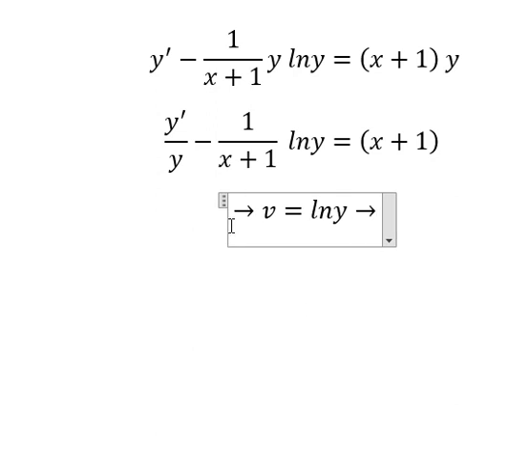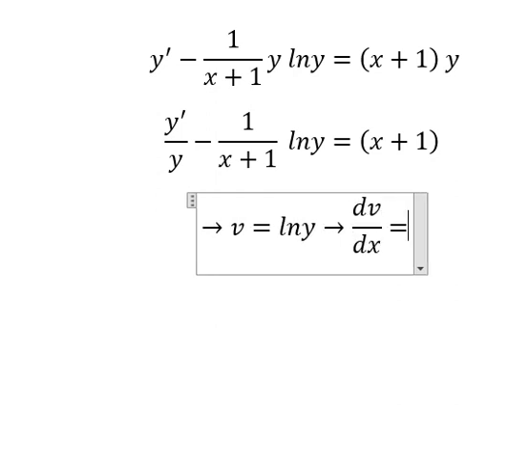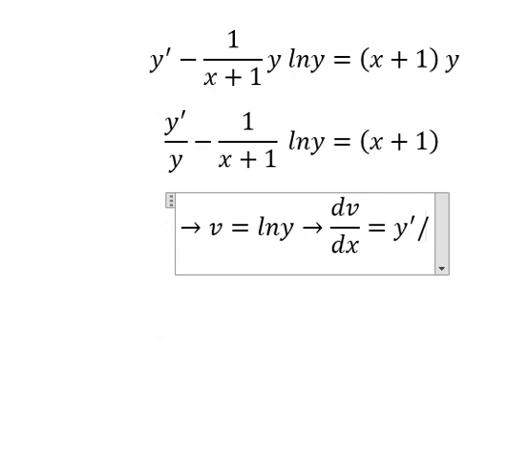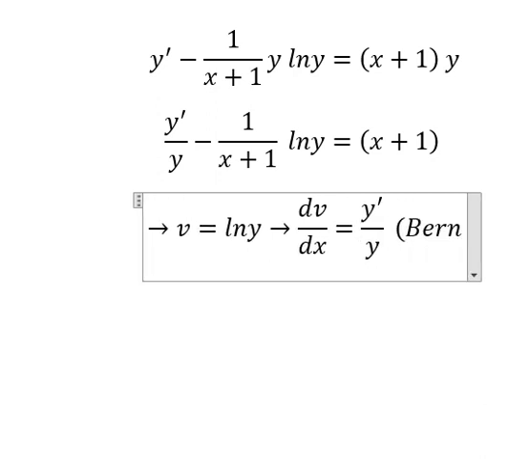Later we need to take the first derivative of both sides, and we get dv over ds equal to the first derivative of y over y. This is about Bernoulli's equation.